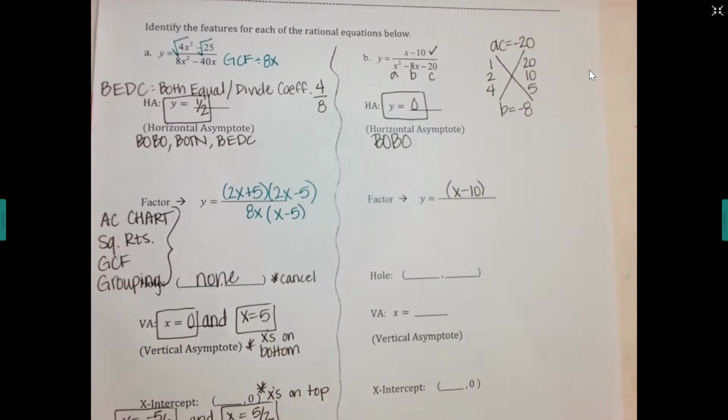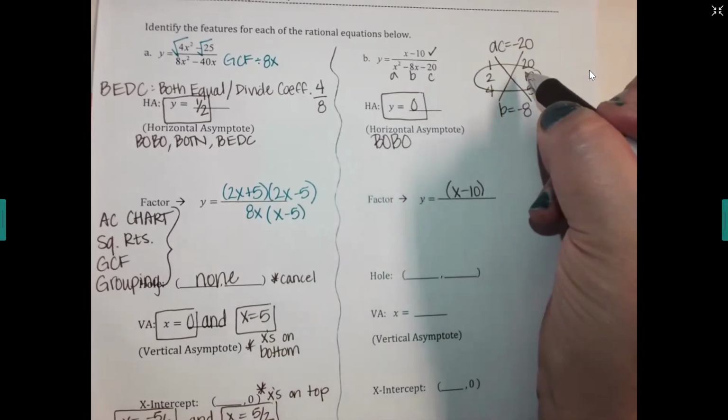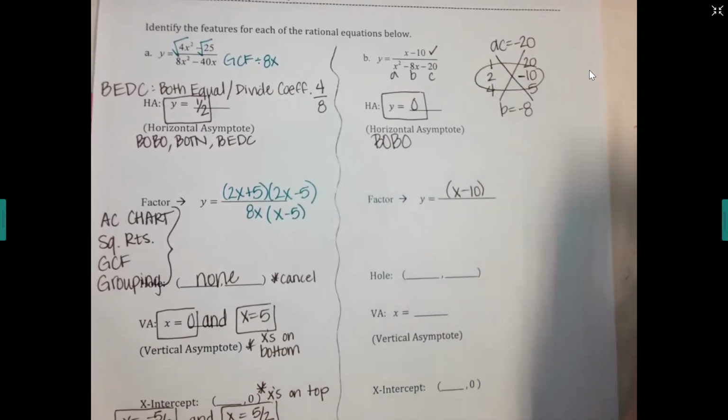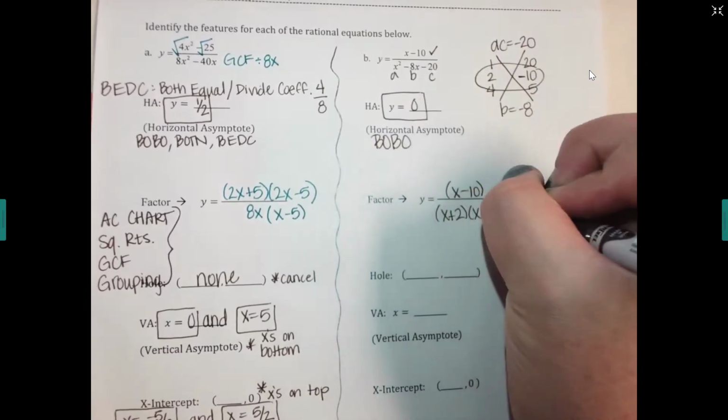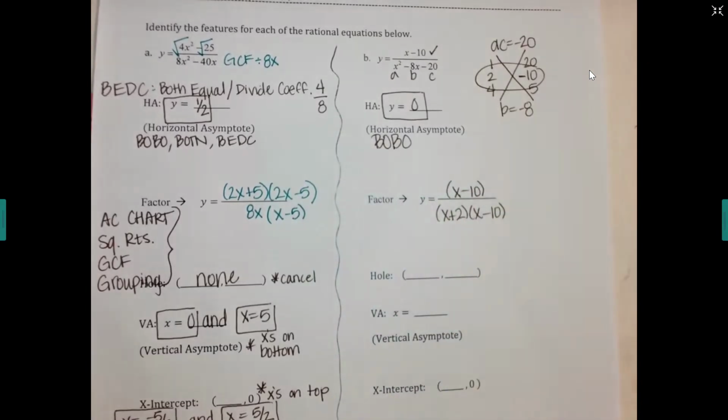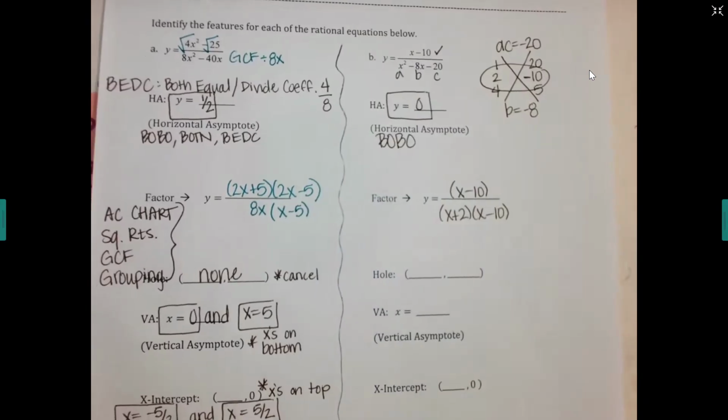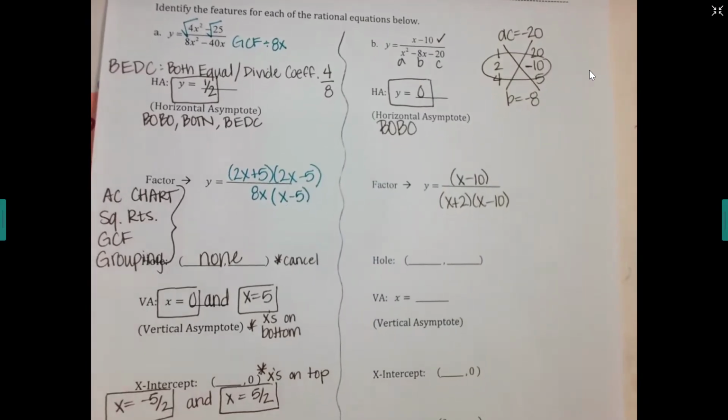Which one will take the negative for the 8 to come out negative? Put it on the 10. Very good. So the bottom is an x + 2 and an x - 10. Remember that if your A is not a 1, you would have to slide and divide. But in this case, since my A was a 1, I don't have to worry about that.